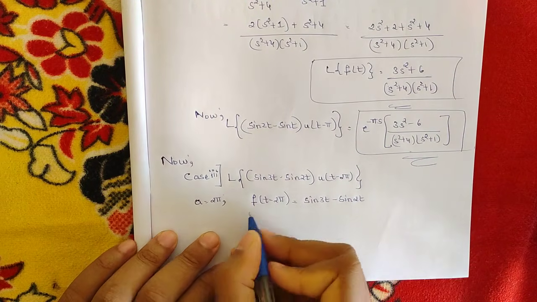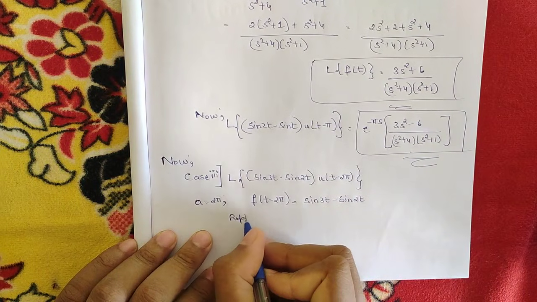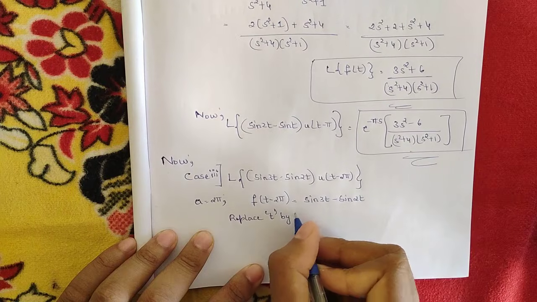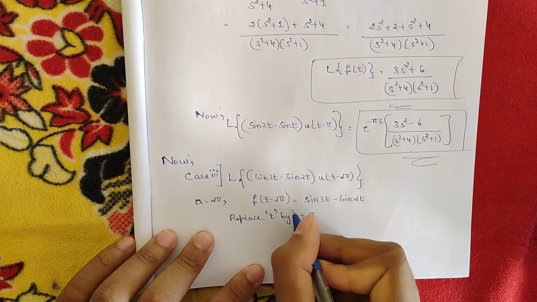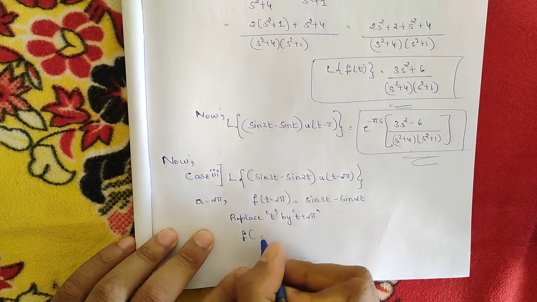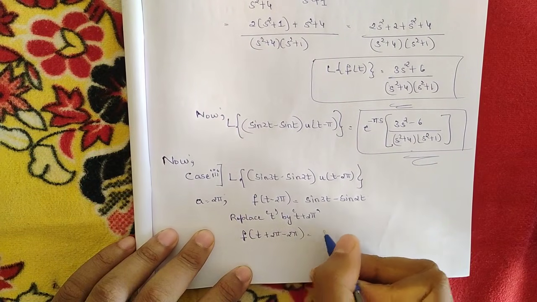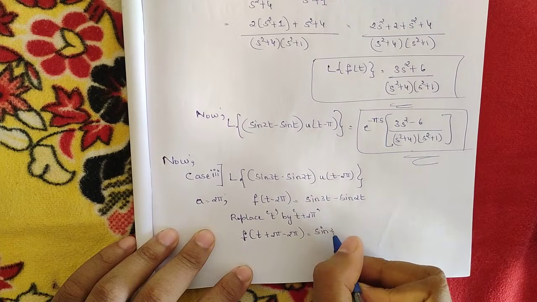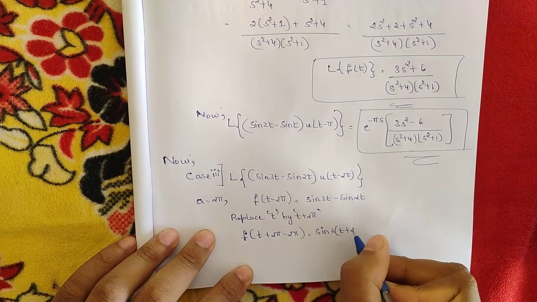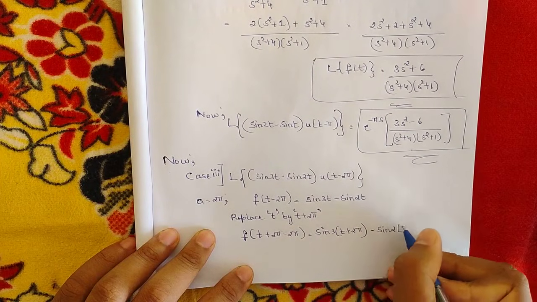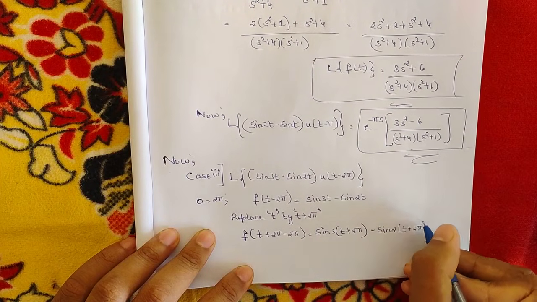In order to make it f of t, replace t by t plus 2 pi. Okay, so what you will be getting is f of t plus 2 pi minus 2 pi is equal to sin 3t plus 2 pi minus sin 2t plus 2 pi.